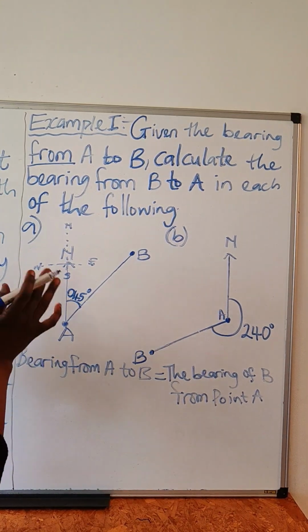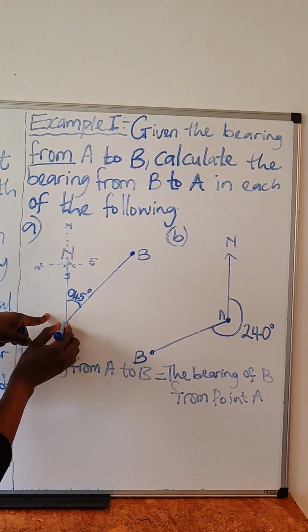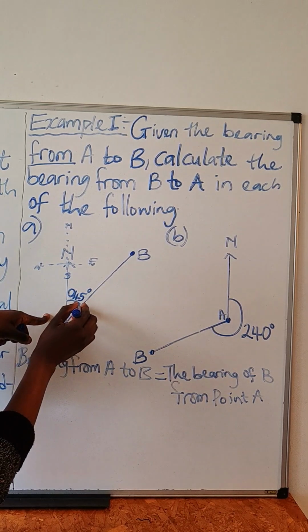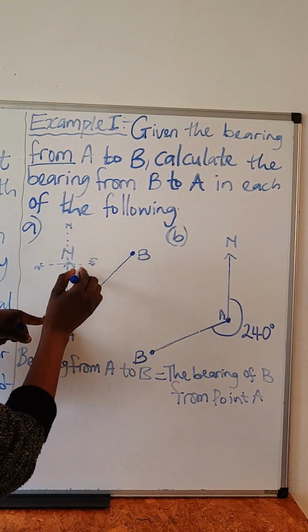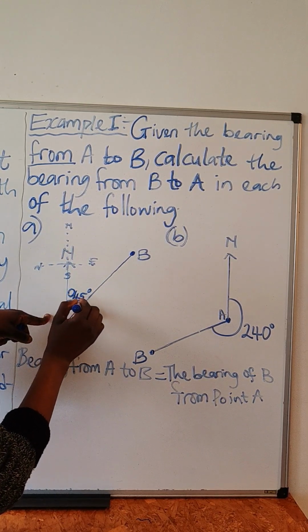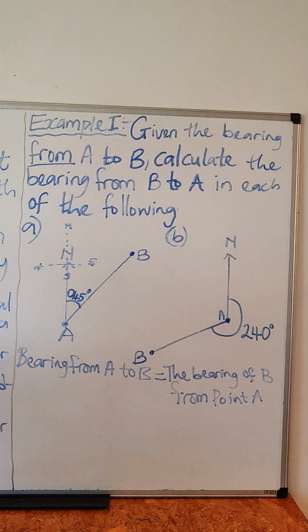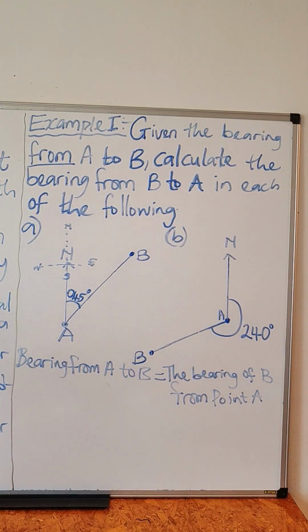So for the bearing from point A to B, we move from north of point A to B. And so that is the bearing from A to B. It's also the bearing of B from point A.